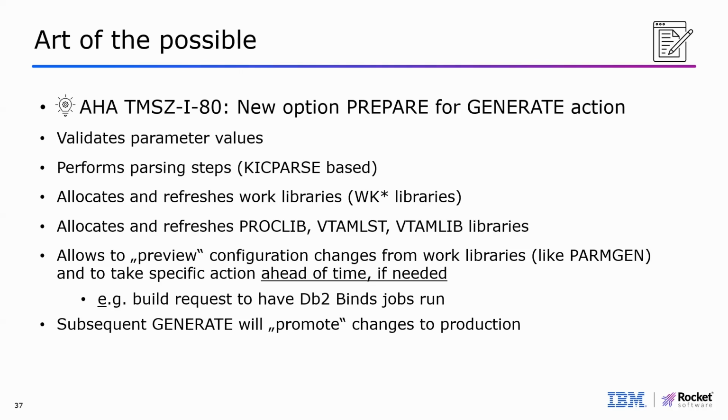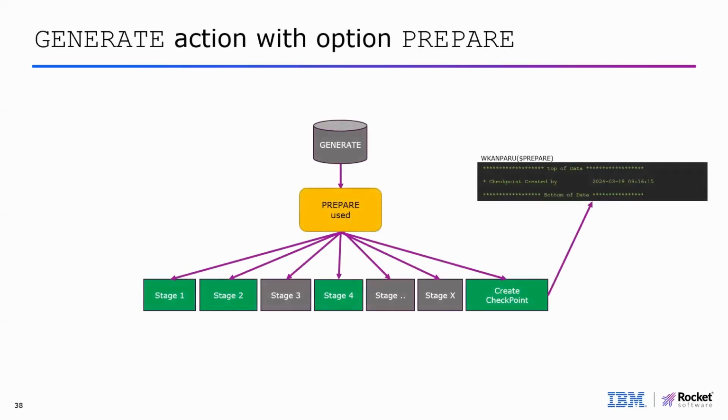And what we think here is along the lines of having an option, we call it prepare at this point, that will effectively run those parts in the generate action that produce these artifacts that customers have a need to either review or transfer to other teams in order to prepare a smooth rollout of the maintenance.